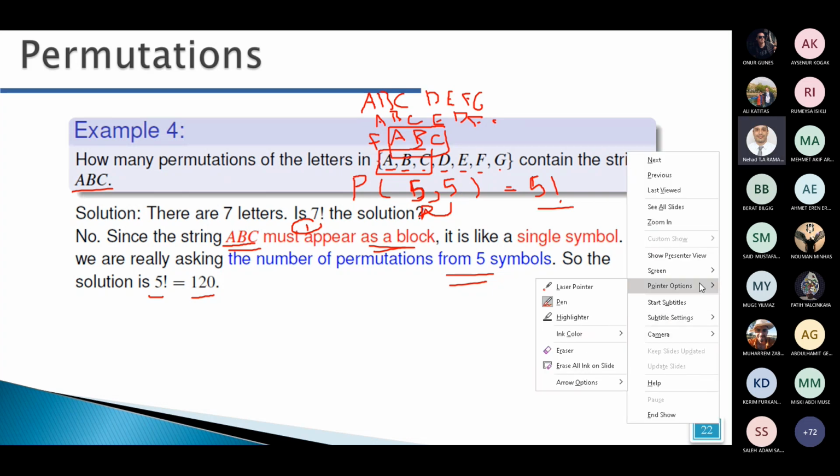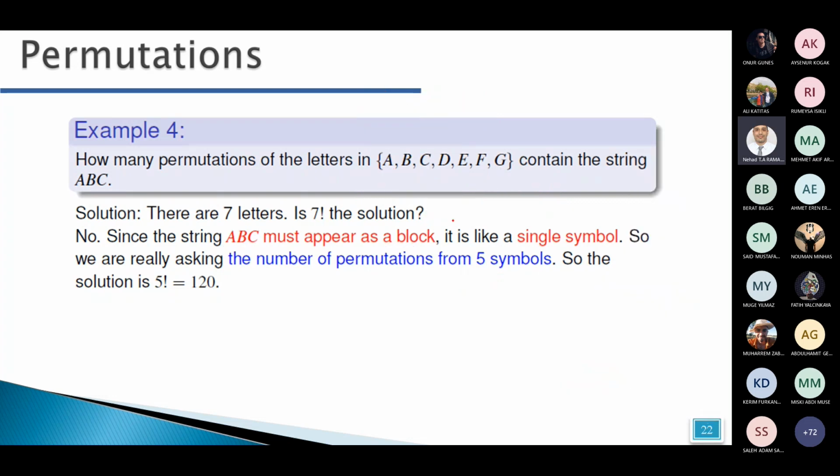Let me ask this question. I want to remove this part. How many permutations of the letters N, A, B, C, D, E, F, G? Who can answer this?